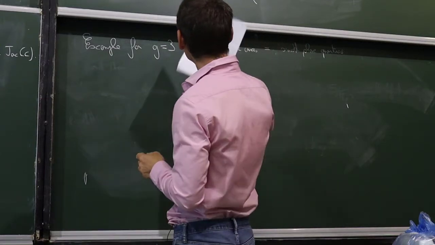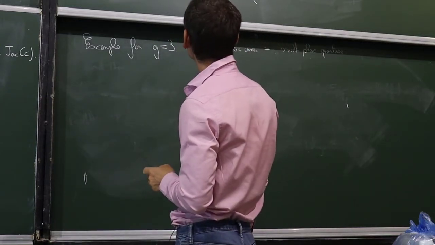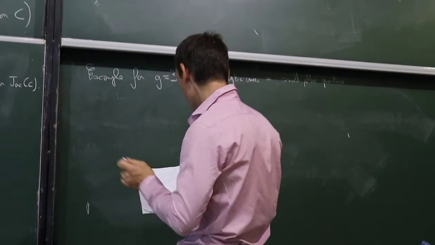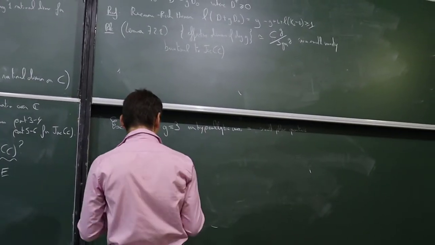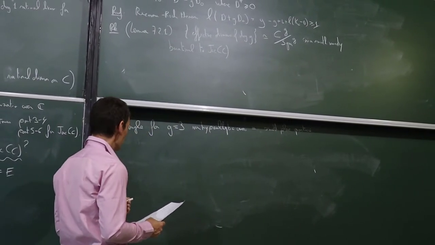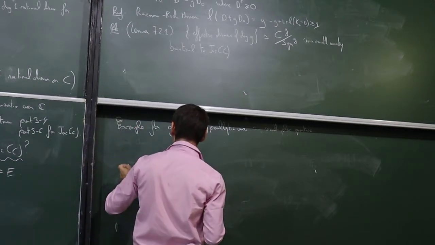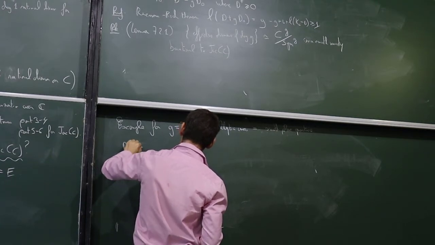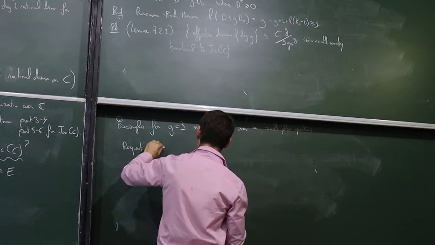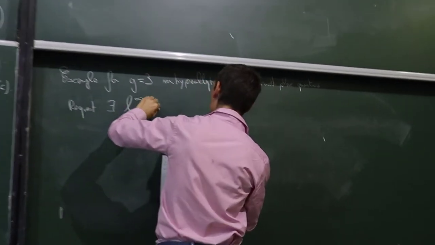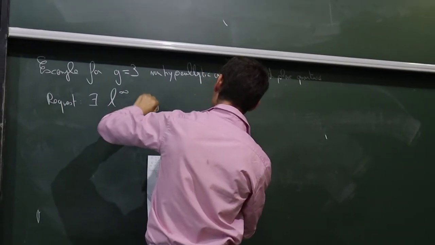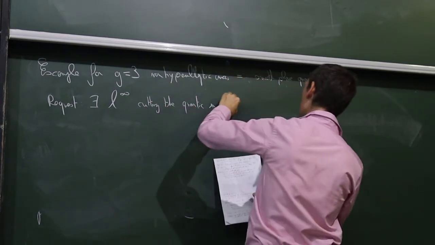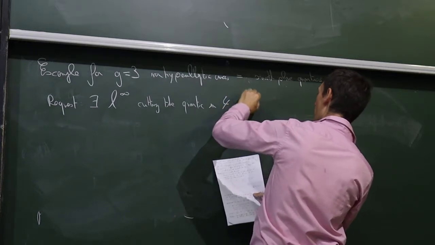Now, what I'm going to use is not exactly describing my divisors on the Jacobian as D plus minus g times D0. I'm going to cheat a bit because it's going to be easier. So it's not exactly in this framework, but I'm going to request that there is always a line cutting the quartic in 4 rational points.